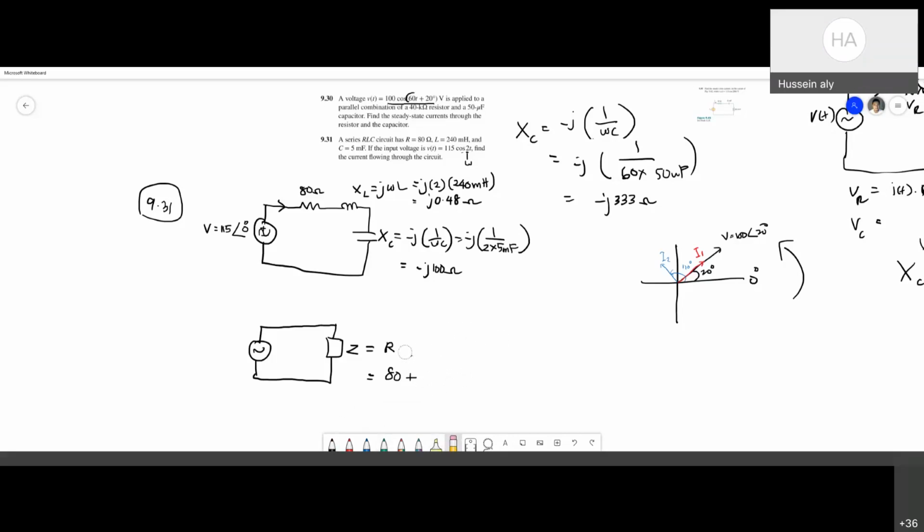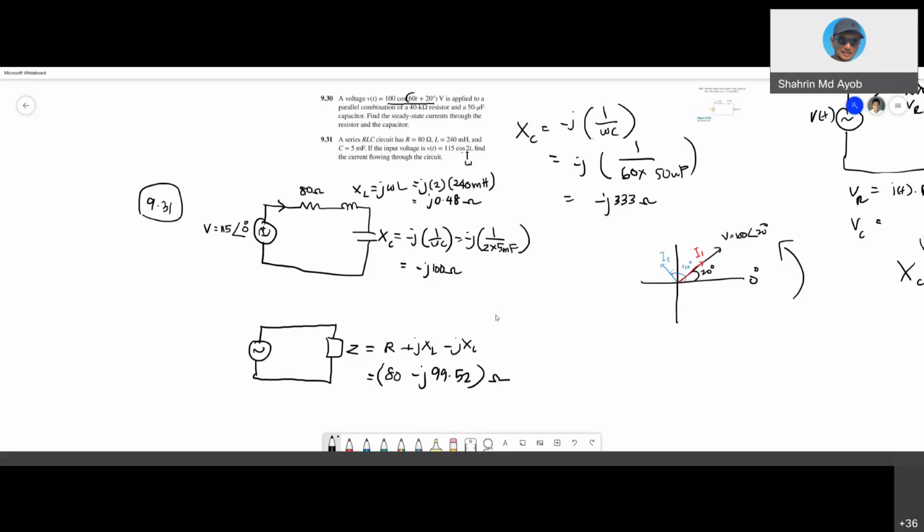This one is positive jXL, negative jXC, right? So if you calculate, 0.48 minus 100, your total j is negative 99.52 ohm. Okay, so right now it makes sense because R is 80 and your reactance is 99.